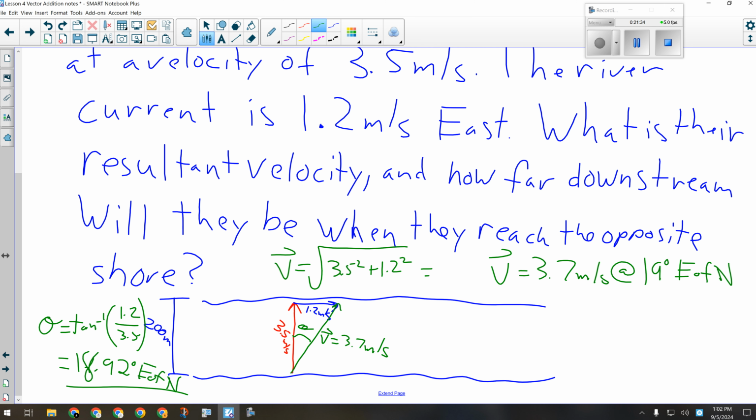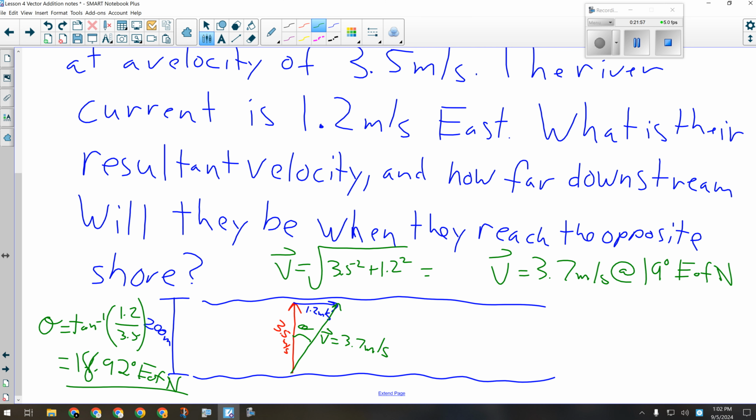So that's a distance, or a displacement. How many meters downstream? So what do I know here? I just did all this vector work, but I know how wide the river is. Agreed? Do I know how fast I'm going across the river?